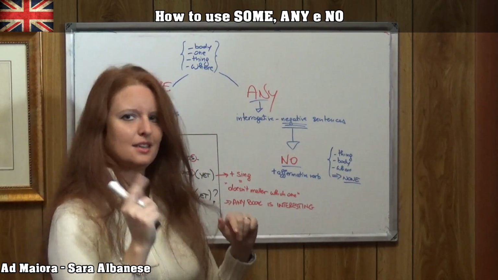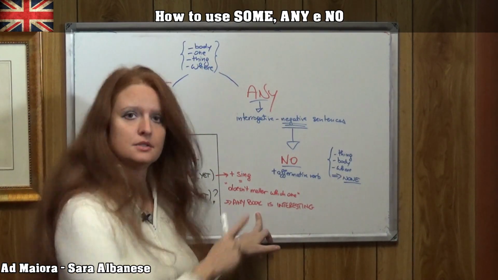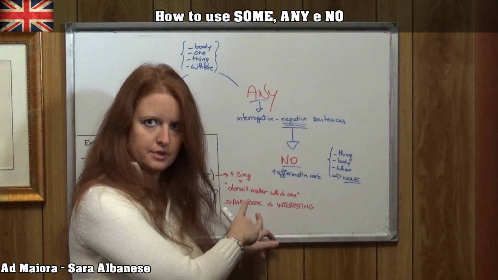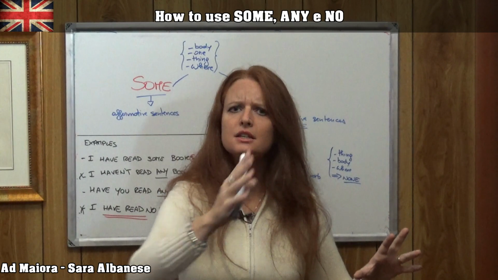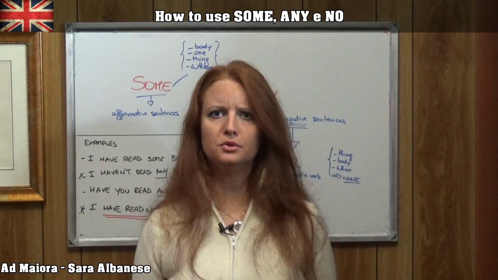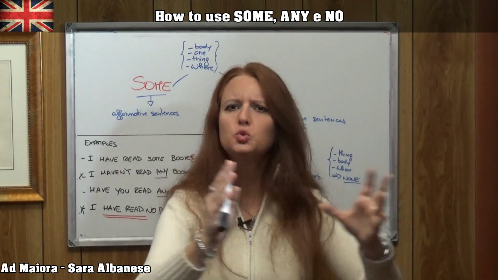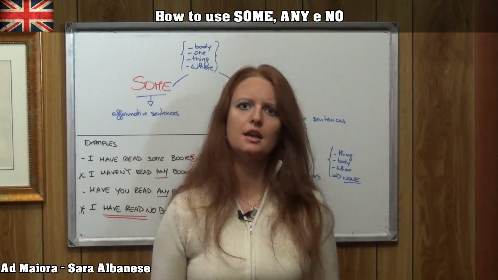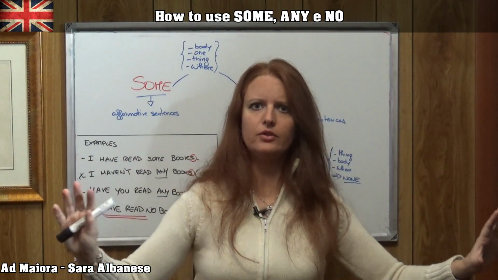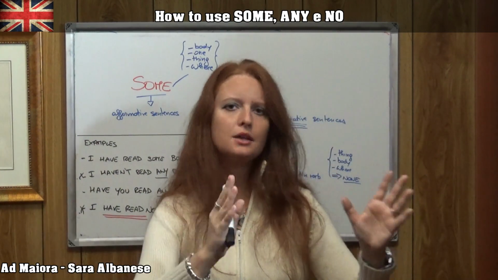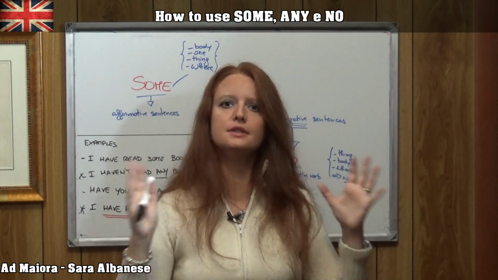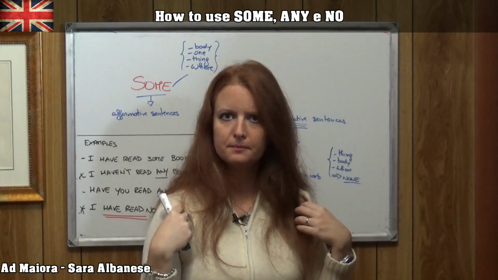So, example, "any book," singular, it's not plural, "Any book is interesting." Any singular book, any possible book, doesn't matter which one I'm talking about. Any of them, doesn't matter which one. Any book, any possible book is interesting, in my opinion.